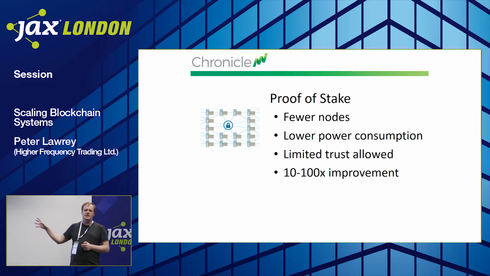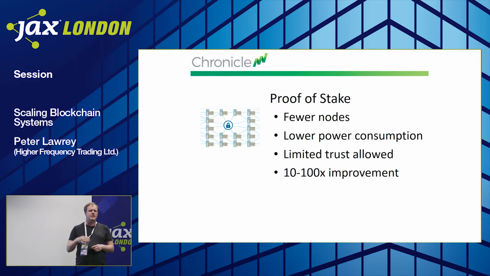And in particular, Ethereum, I believe, is looking to migrate to proof of stake to increase their scalability. One of the downsides or side effects, depending on your point of view, is that proof of stake actually encourages a lot fewer nodes, because fewer nodes can run as part of the system, because they need to put up a certain amount of money.